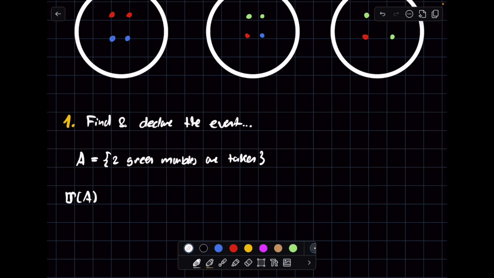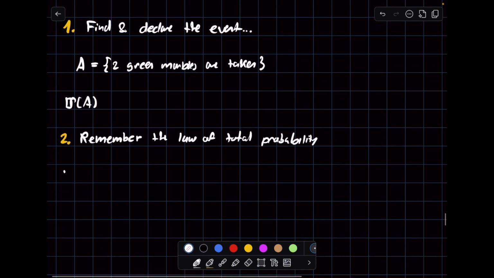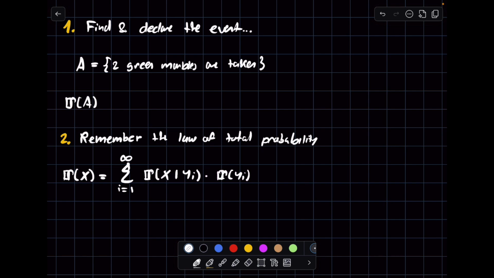Now, we have to remember the law of total probability, which says the following. Imagine we have an event X; its probability is equal to the sum over i of the probability of X given yi times the probability of yi.